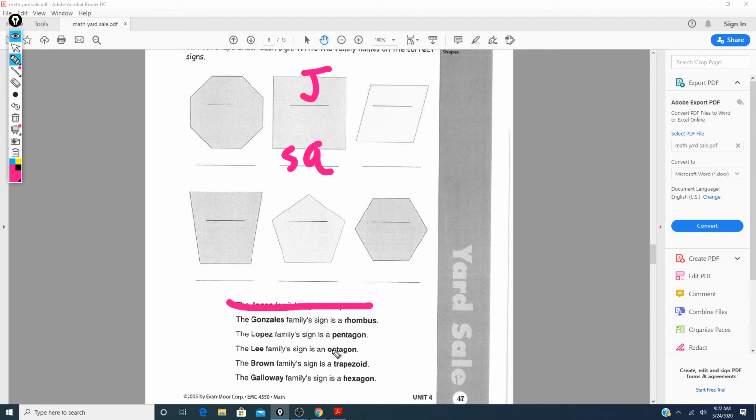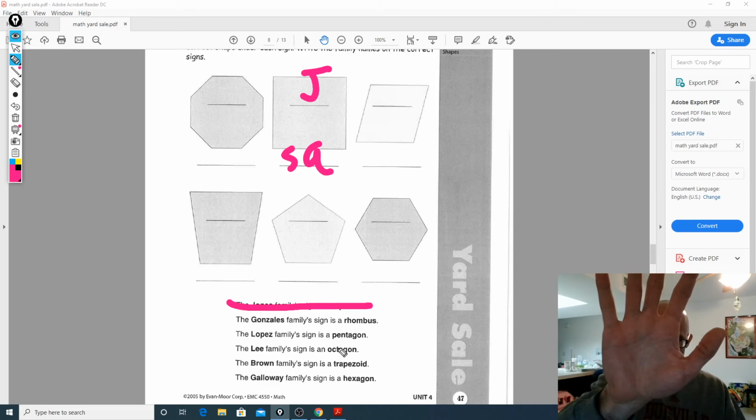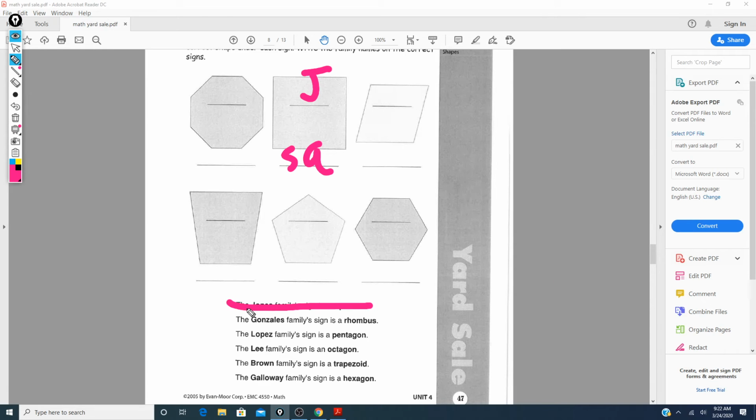The Lopez's family sign is a pentagon. A pentagon has 5 sides.